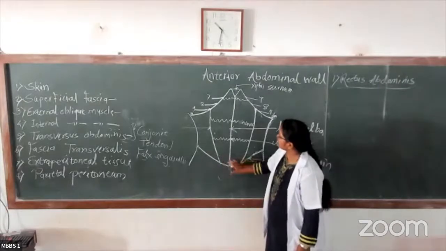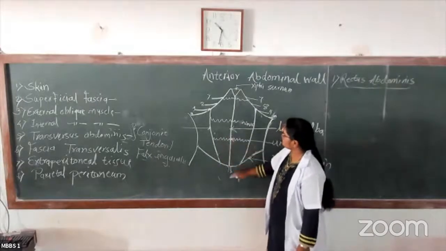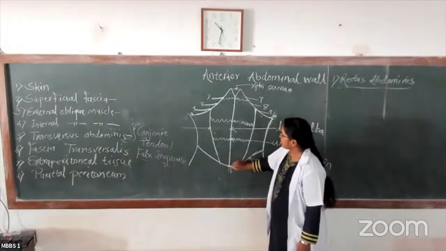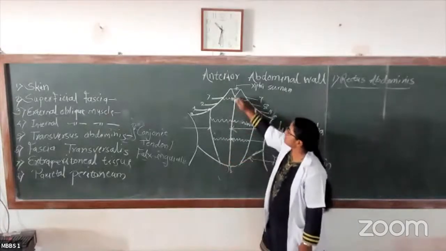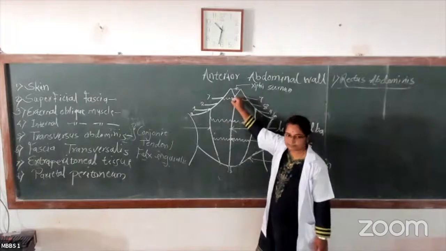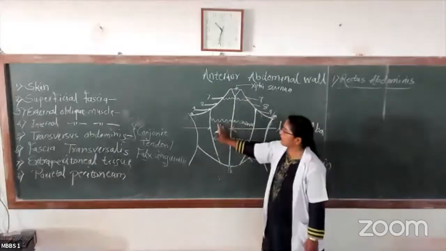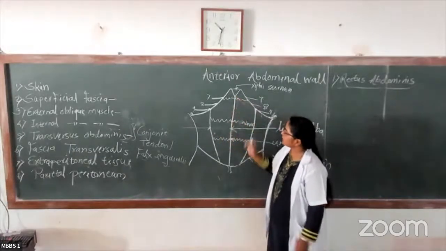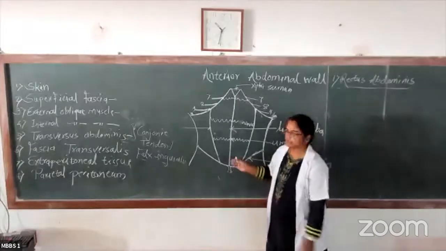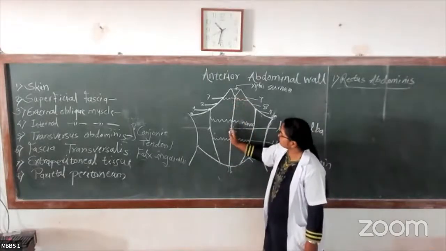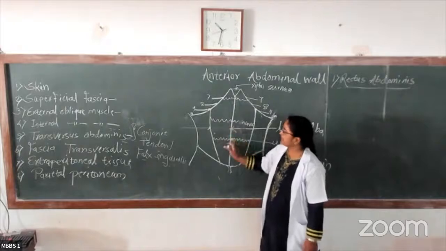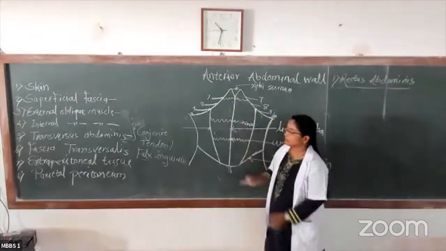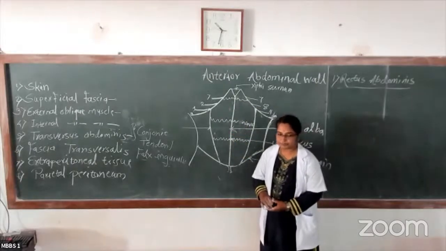This is a flat strap muscle which extends from the pubic symphysis up to the xiphisternum. It is present on either side of the anterior midline, the linea alba.